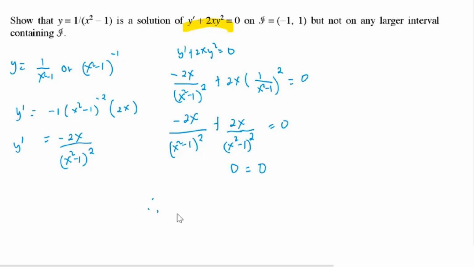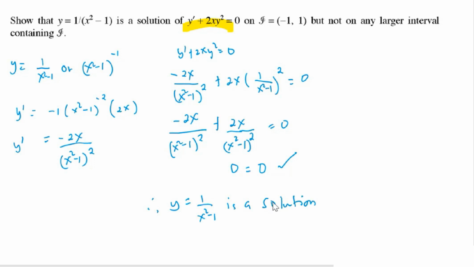Therefore, we could say that y equals 1 over x squared minus 1 is a solution, because the left hand side is equal to the right hand side, which is equal to 0.